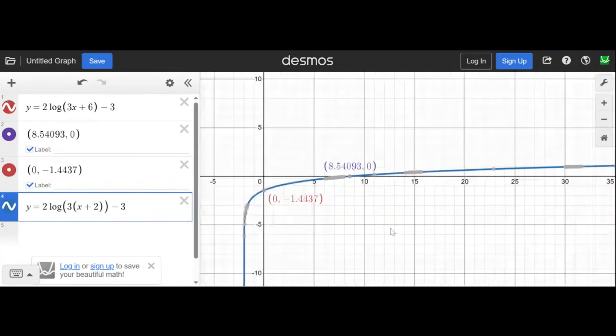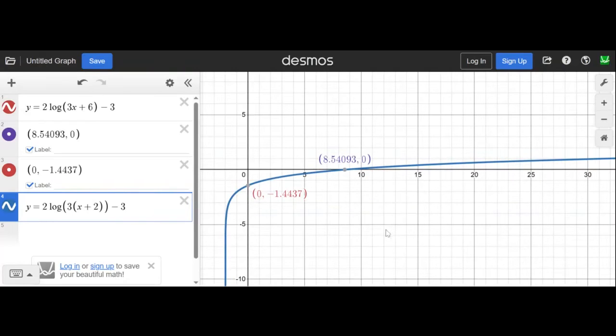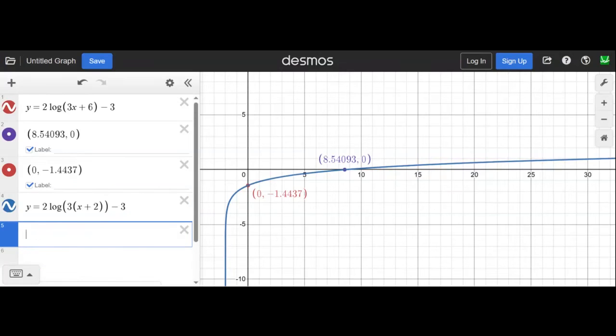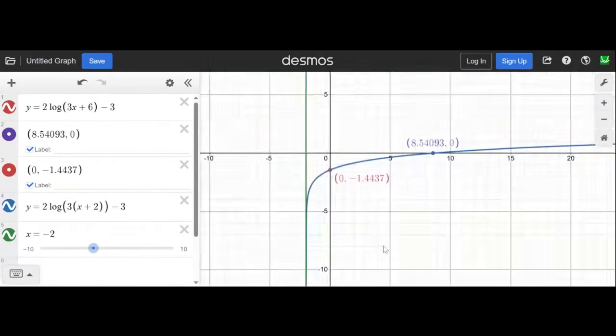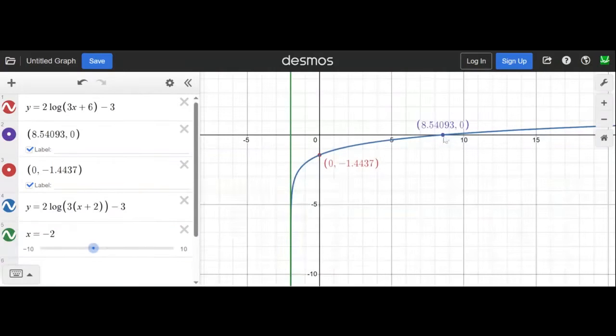This one is going to show as a blue one instead of red. Now, we know that our function has been shifted 2 units to the left. So I can say that x equals negative 2. That's my vertical asymptote. So you can see clearly, watch here. Now we have both x-intercept and y-intercept, because the function has been shifted to the left by 2 units.